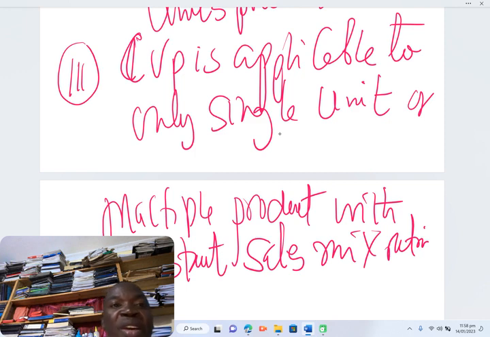This is what is in our problem, that XYZ Manufacturing produces two products A and B in a constant sales mix ratio of 0.6 against 0.4, or 6 units against 4 units, in that proportion.